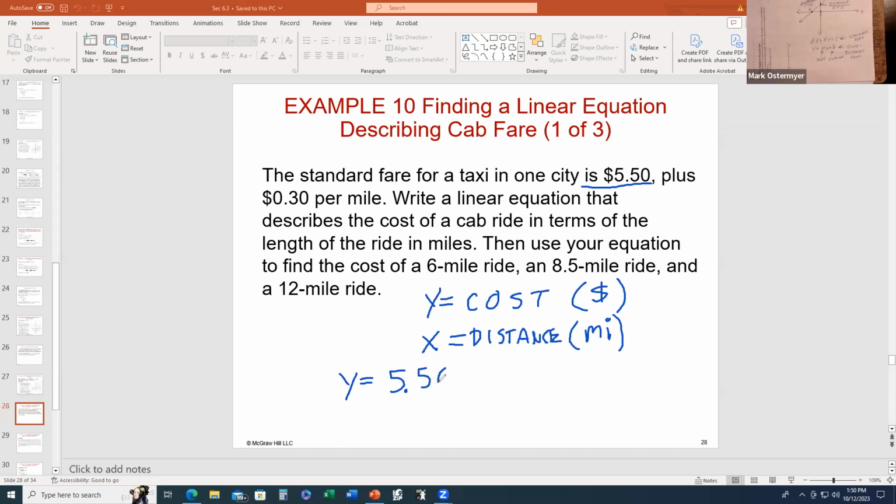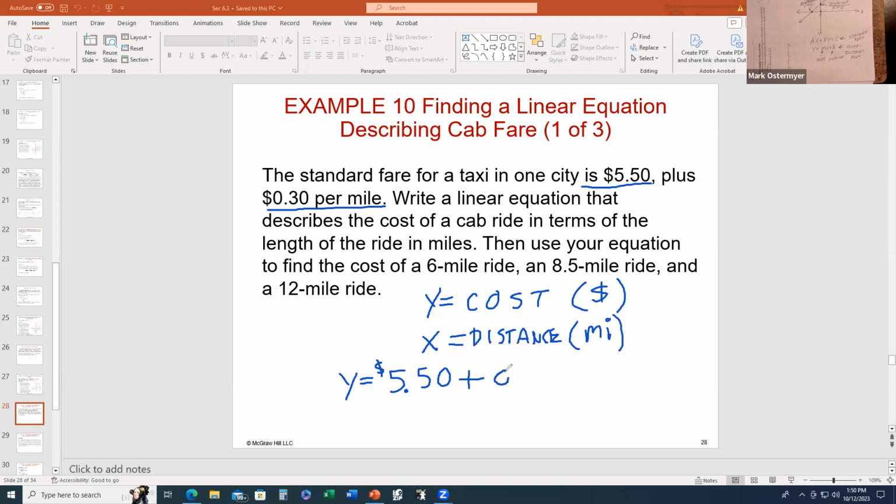That's if we drive 20 miles in the cab, or just get in the cab and sit in it for 10 minutes. We're going to be paying $5.50 regardless. But there's also a variable cost. This is sometimes called a fixed cost, $5.50. But the variable cost is that they're going to charge us 30 cents per mile, where x represents the number of miles.